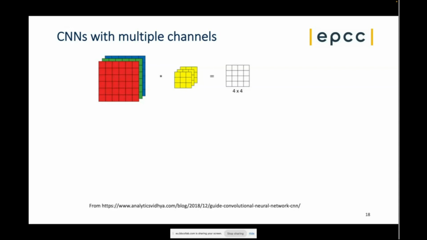So what we've looked at so far have been black and white images, but exactly the same thing. Color images are just treated as multiple layers.